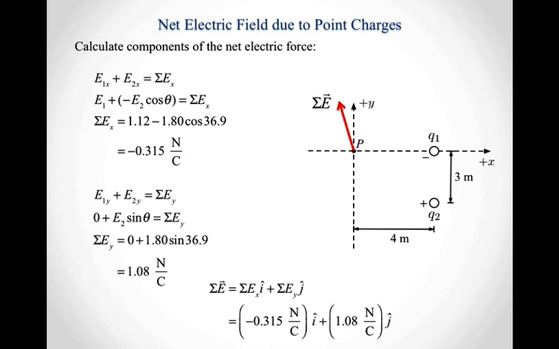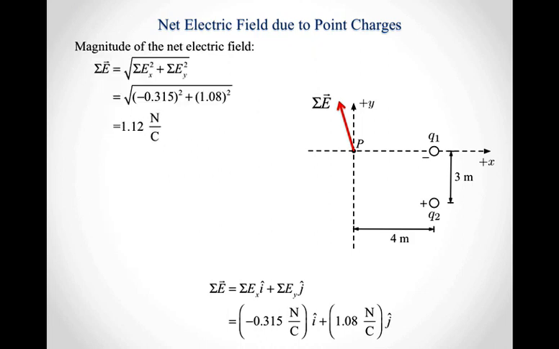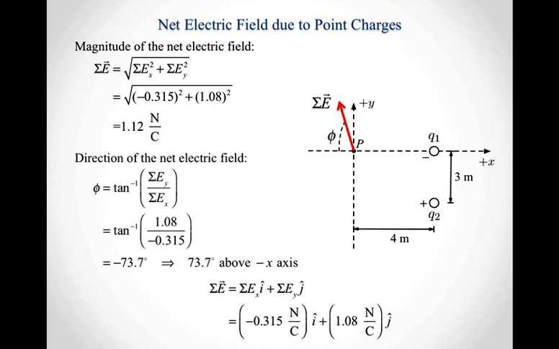Well, once I know the components, of course, I can go ahead and get the magnitude and direction of the net electric field. To get its magnitude, I'm going to Pythagorize, so x component squared plus y component squared, take the square root. When I do that, I get that the magnitude of the net electric field at point P is 1.12 newtons per coulomb. And if I want its direction, I'll label this angle theta as the angle that the net electric field vector makes with the x-axis.